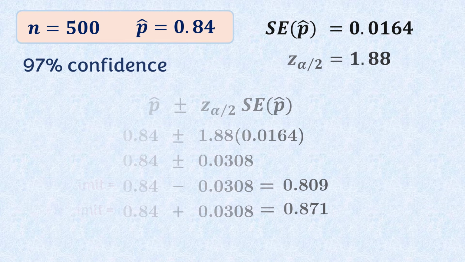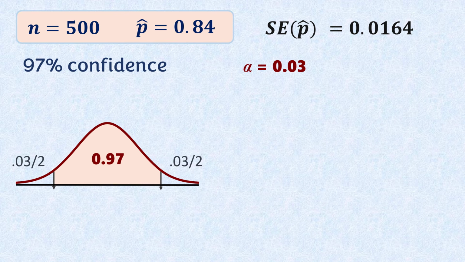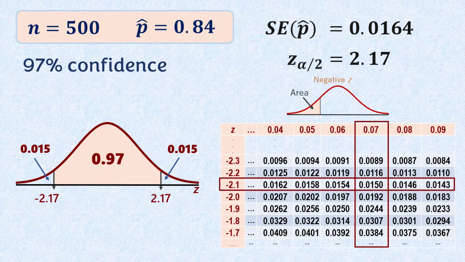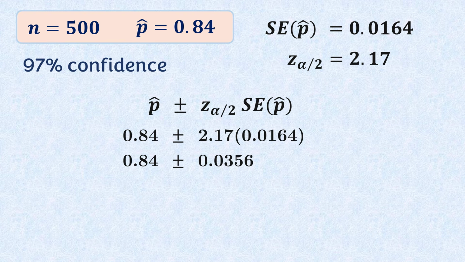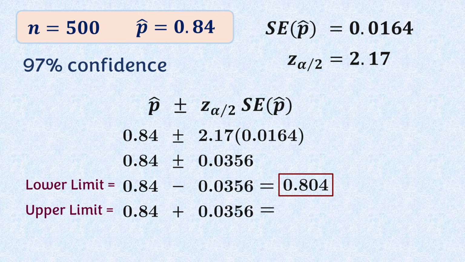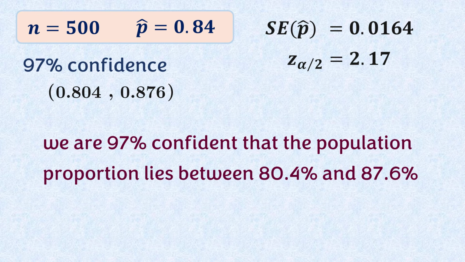And for the 97% confidence level, alpha is 0.03, the area in each tail is 0.015, which we find exactly in the table, and that corresponds to a z-critical value of 2.17. Plugging that into the formula provides a lower limit of 0.804 and an upper limit of 0.876. That is, we are 97% confident that the unknown population proportion lies between 80.4% and 87.6%.